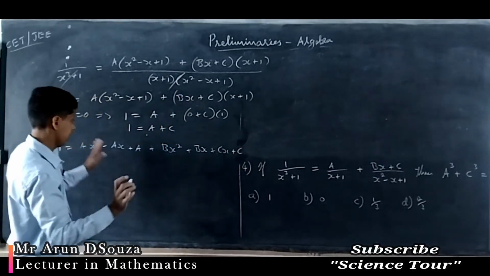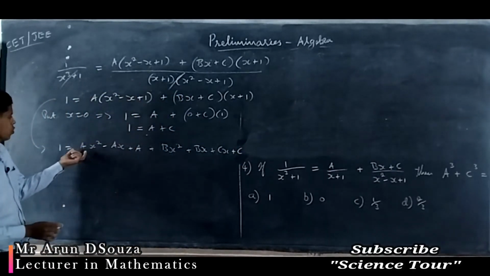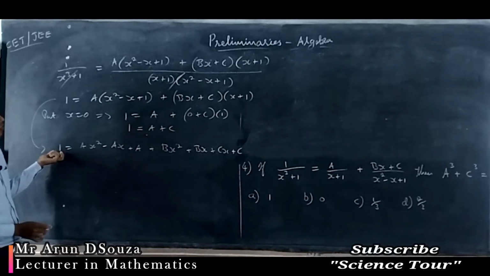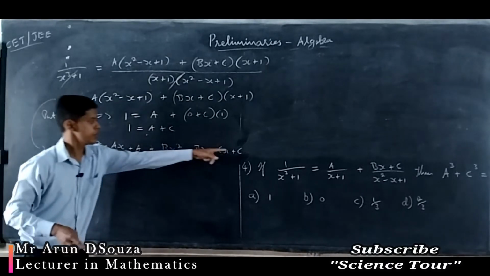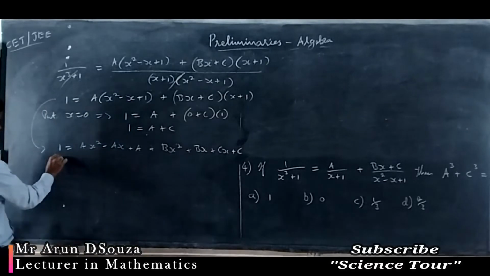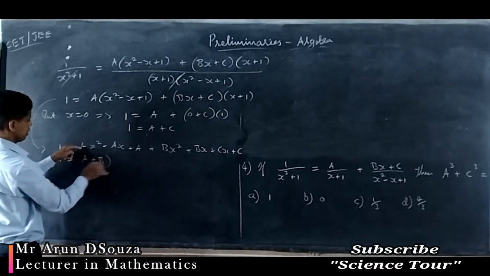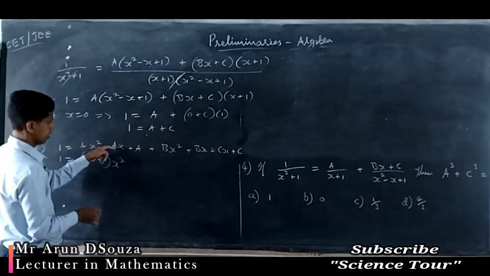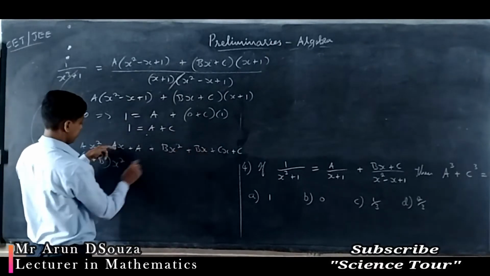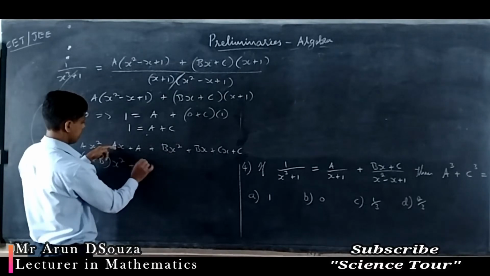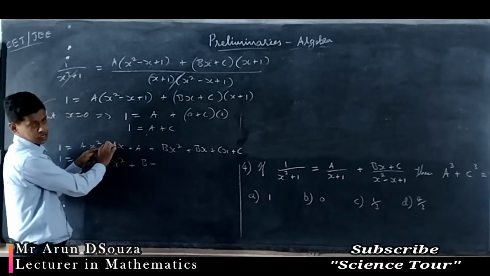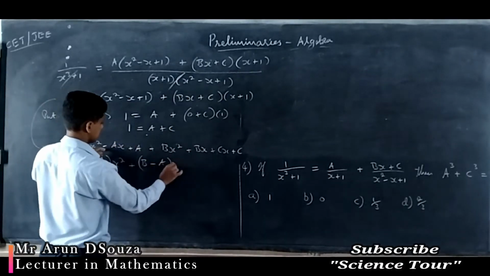right? Well, now we can compare the coefficients of the constants. You see, a plus c will be 1. Okay, see, if I write this in order, this is a plus b x square. Well, and you got the coefficients of x. See, what we can write? B I will write positive, and this is negative into x, correct?